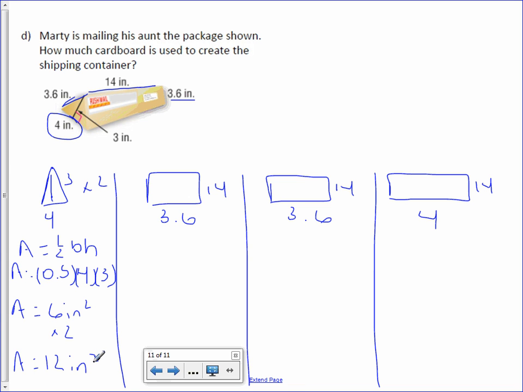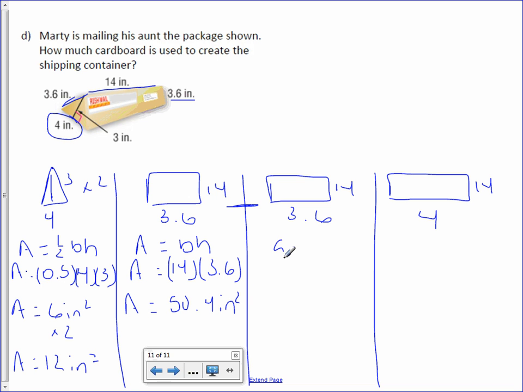Our rectangles. I have 2 rectangles that are the same, so I'm only going to do the work once. Area equals base times height. Area equals 14 times 3.6. Area equals 50.4 inches squared.